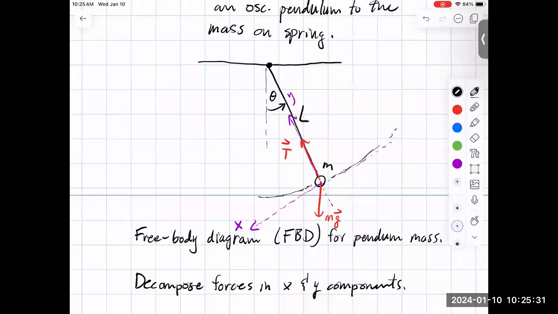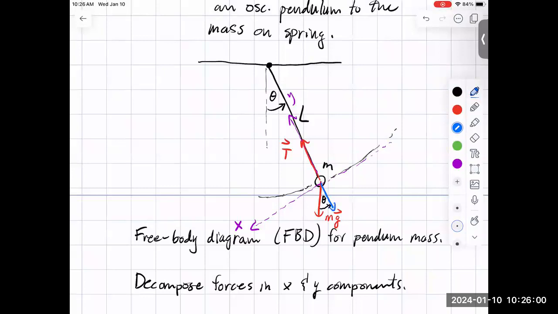Okay, and so what we should do is recognize that the angle between our y-axis, which is aligned with the string, and the gravitational force is the same theta that we labeled at the top. So I'm going to have a component of my gravitational force along this y direction.